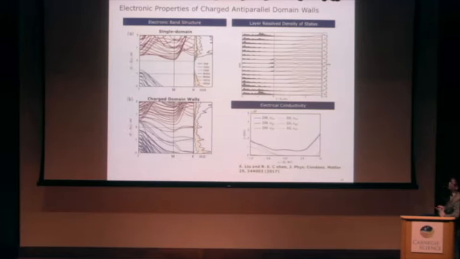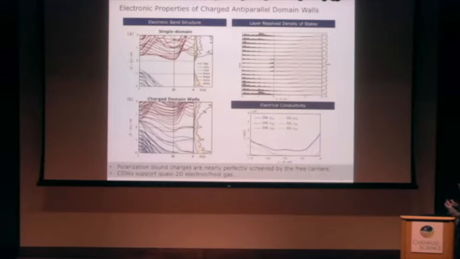We further calculate the electrical conductivity for the single domain, and also for the supercell with charged domain walls. As expected, along the domain wall, within the plane of the domain wall, the electrical conductivity has a metallic signature, but perpendicular to the domain wall, that is across the supercell, the conductivity is still very low.